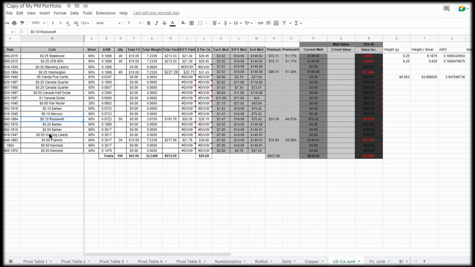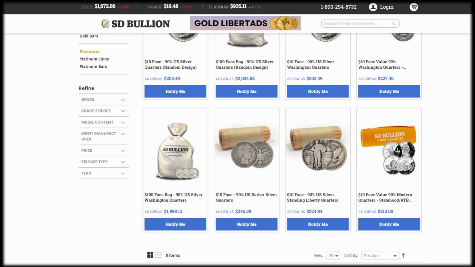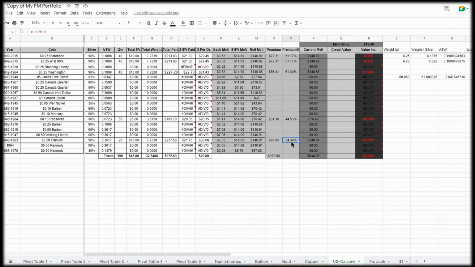If we look at the Franklin half dollar, 20 quantity, it cost 217, I believe. Anyway, the premium came up to 54%. So the question becomes, when stacking junk silver, does paying this premium make sense? I don't know, I think that's the decision you have to make as you're stacking your silver.